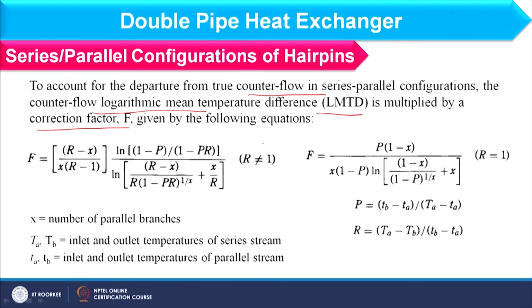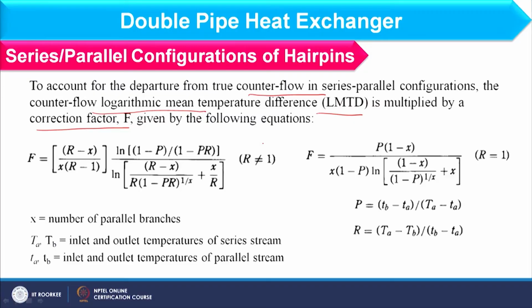When I have series and parallel configurations, we sometimes have co-current flow and sometimes counter current flow. Obviously the LMTD which we have defined is only for a specified flow, either counter or co-current. But here we have a different approach, and therefore we have to consider the FT correction factor, and that FT correction factor we can consider through the following equations, shown over here.